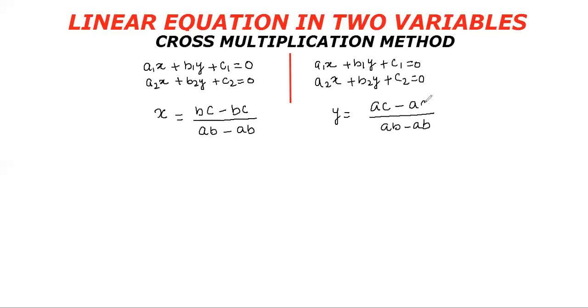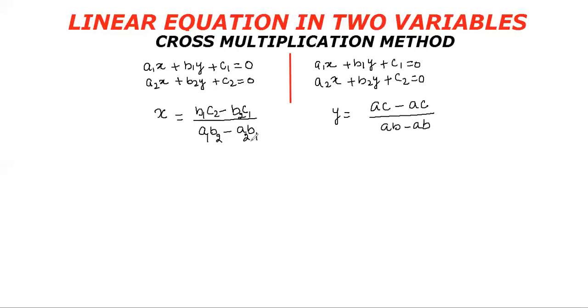And then children, learn this pattern. 1, 2, 2, 1. But if you are writing y, you have to start with reverse counting first. Here you have started with serial counting: 1, 2, then 2, 1.